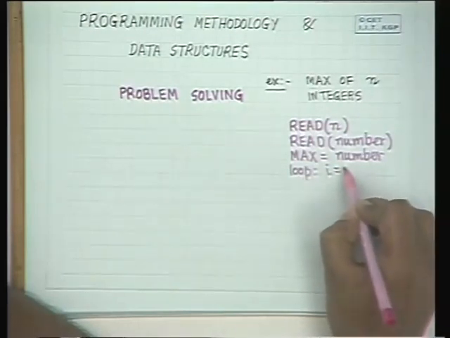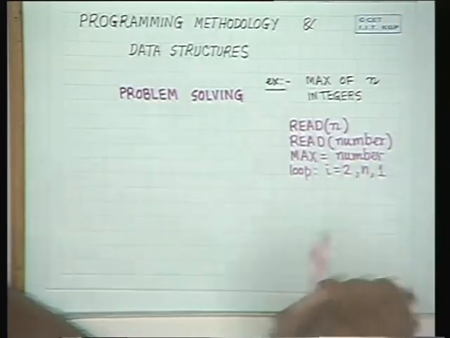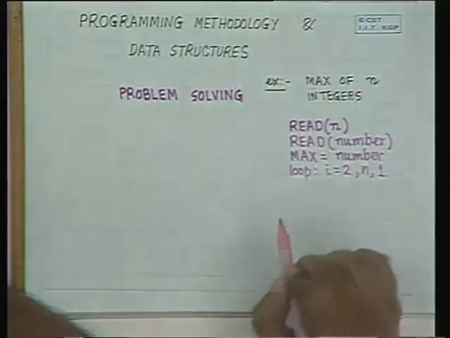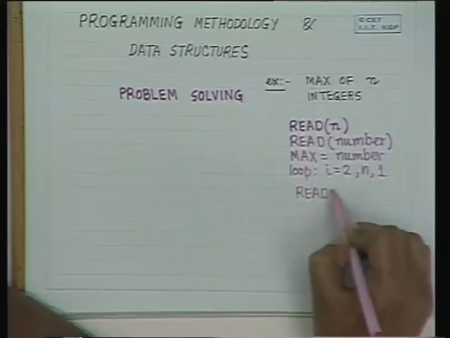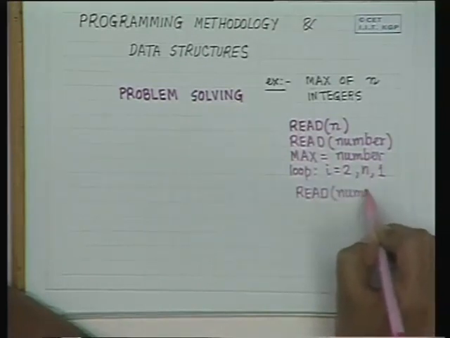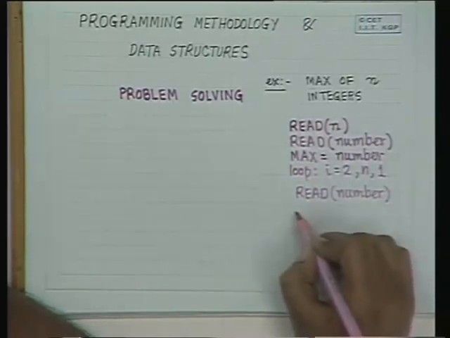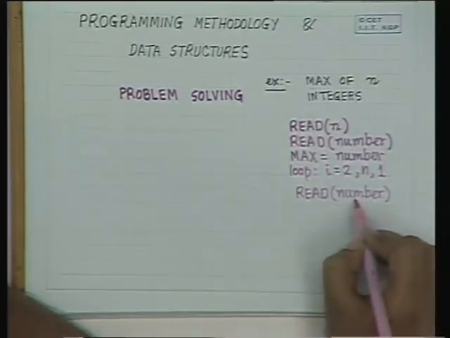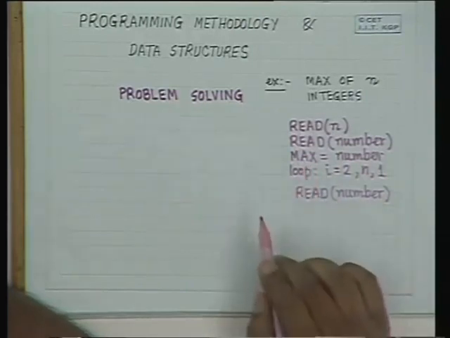with an index i equal to 2 to n in steps of 1, you would read the next number, and then you would compare. If this number is greater than the maximum, which is temporarily stored here, you would update the maximum to this number. This is what most of us who have written programs in any language would initially do.